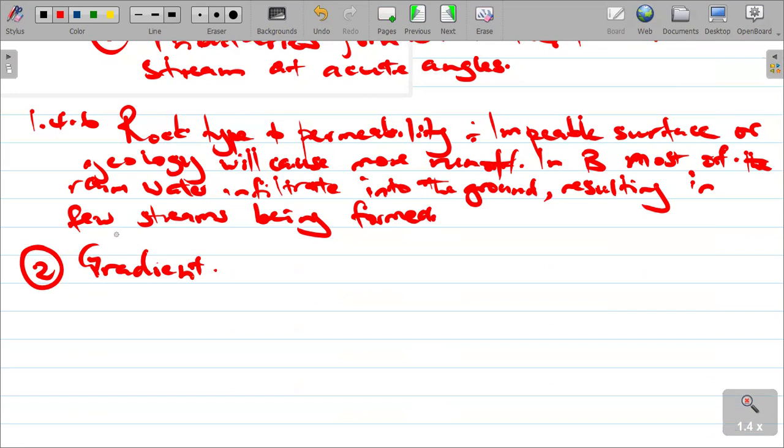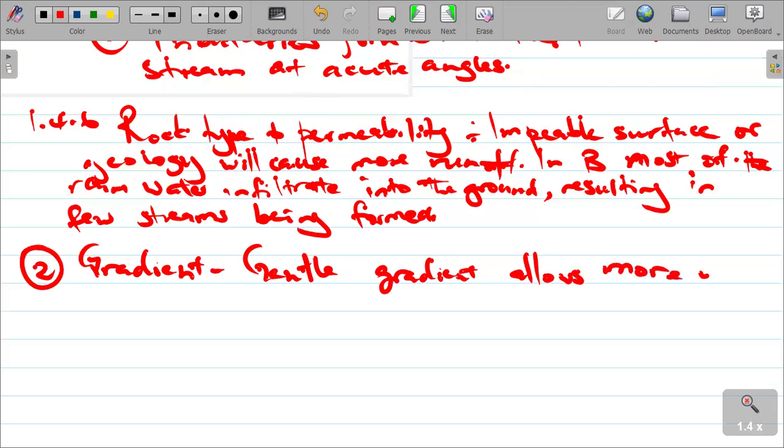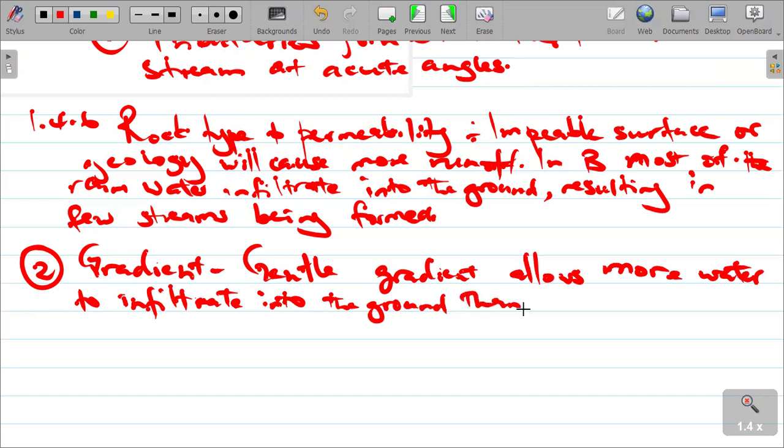So what we are saying is that steep gradient promotes high drainage density as more water runs over the surface, but a gentle gradient allows more water to infiltrate into the ground than a steep gradient.